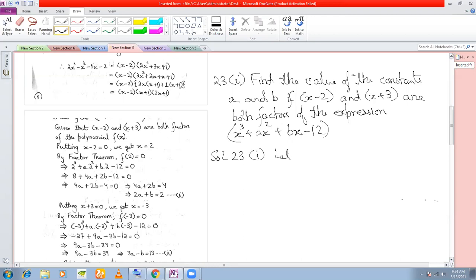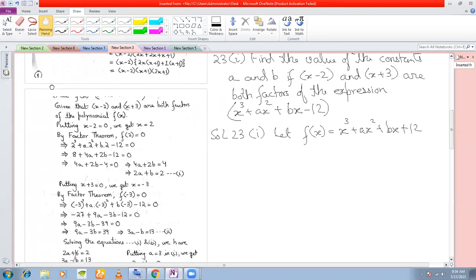So we first start by saying let f(x) equal the given cubic polynomial. Next, it is given that x minus 2 is a factor of f(x), with minus 12 at the end.